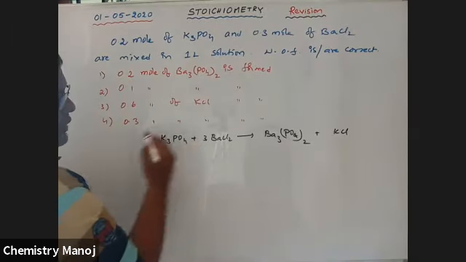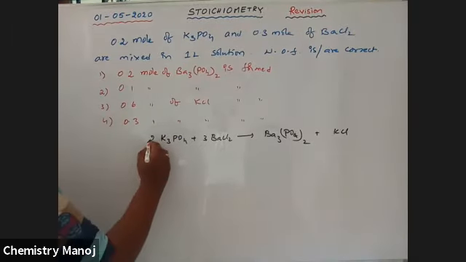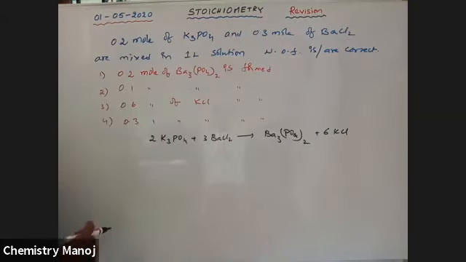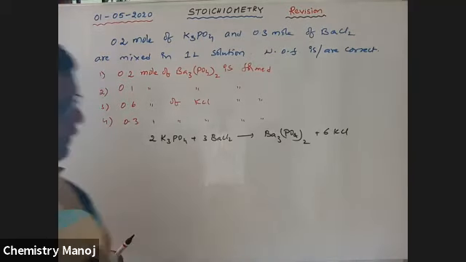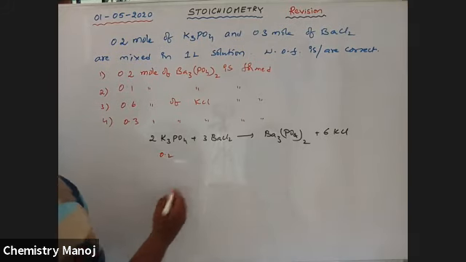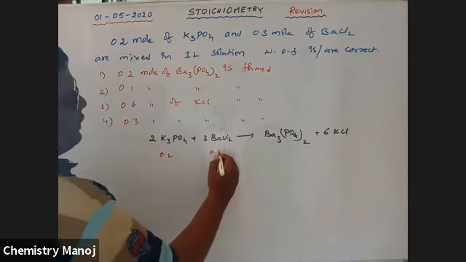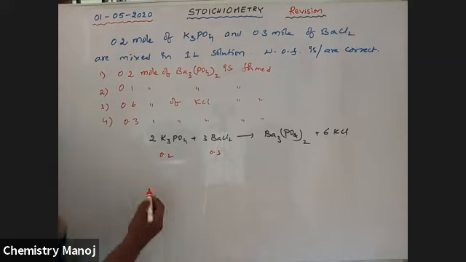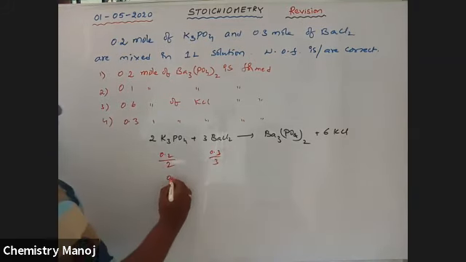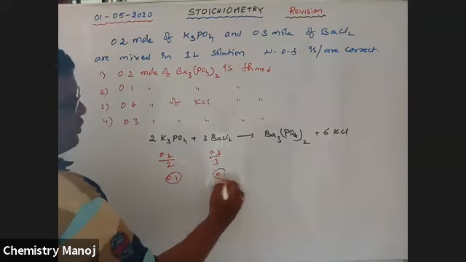So 3 moles BaCl2 reacts with 2 moles K3PO4, that gives 6 moles KCl. Now in your question, K3PO4 is 0.2 mole, BaCl2 is 0.3. Find out the limiting reagent just by dividing by the coefficient, 2 and 3. It is 0.1. It is also 0.1.